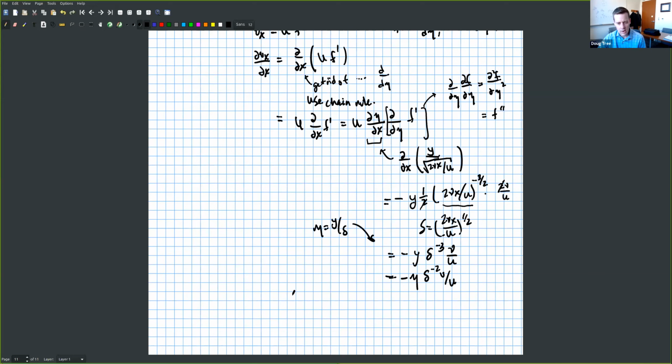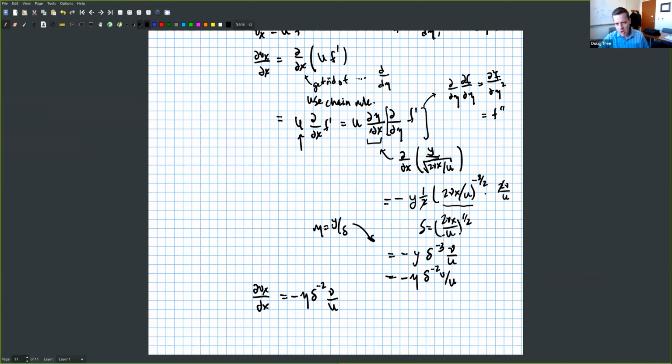Okay, so now I have my, you can see why this is a pain. dvx dx is equal to minus eta delta to the minus 2 nu over u. And let me make sure I did that right. Minus eta nu. Oh, and then I forgot this u out here.